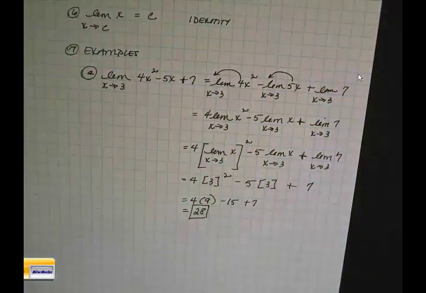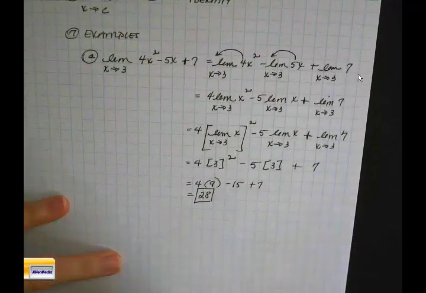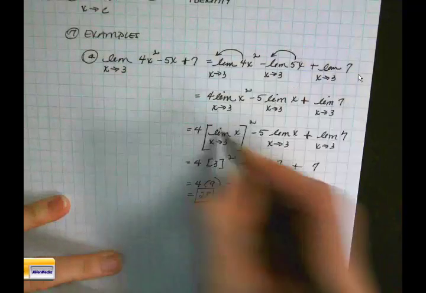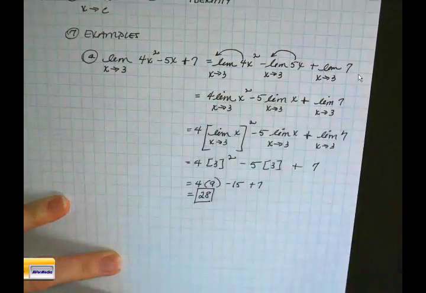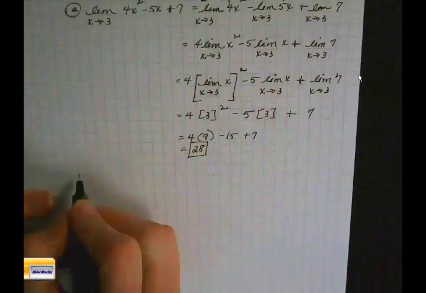So your limit laws take a complex function and break it down to really strictly your constant function and your identity function, to make it very easy to make the computation. And they're going to want you to do this step by step. Very easy.